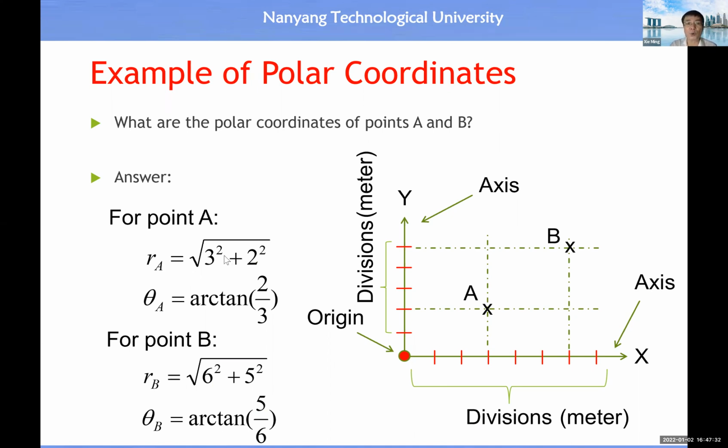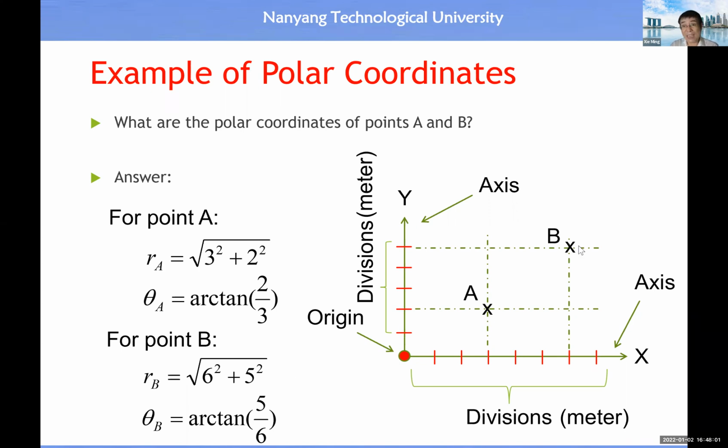Answer is the square root of 3 squared plus 2 squared, all right? Then what should be the angle between the vector from origin to point A and the horizontal x-axis? Then the answer should be the inverse tangent function, which is equal to the ratio between y coordinate and the x coordinate. So y coordinate equals 2, x coordinate equals 3, all right?